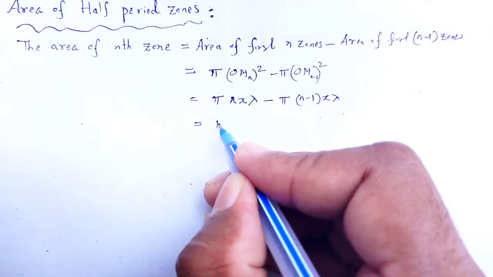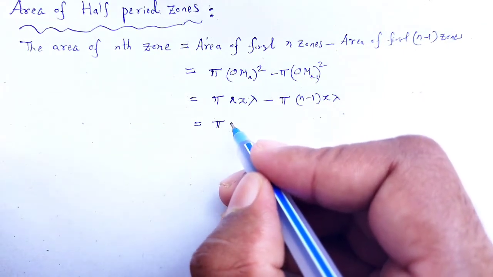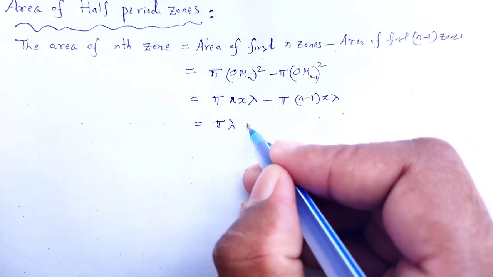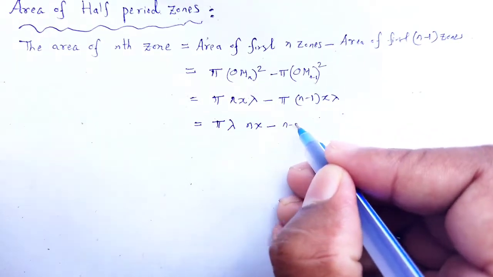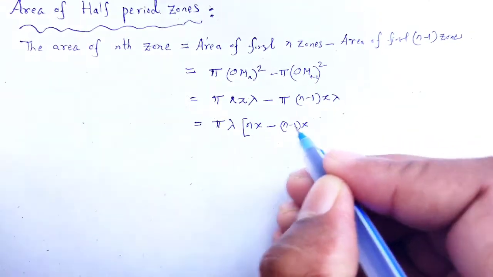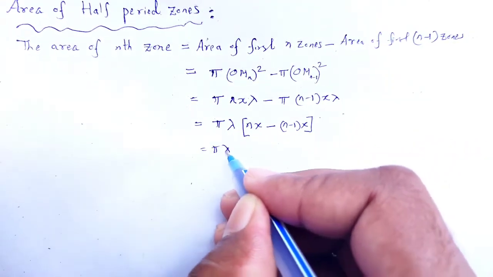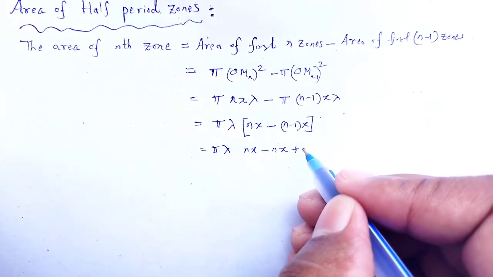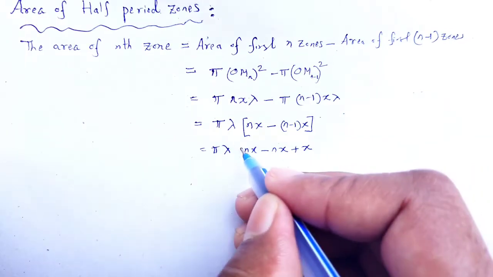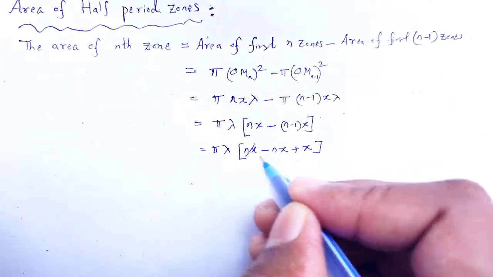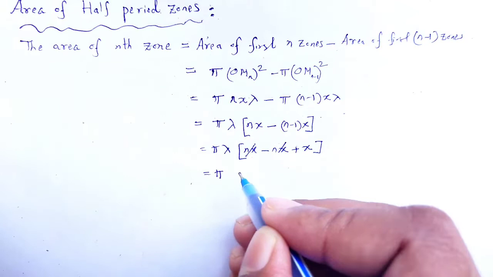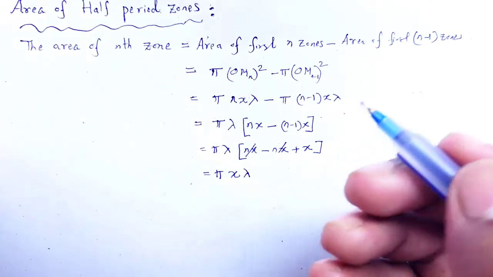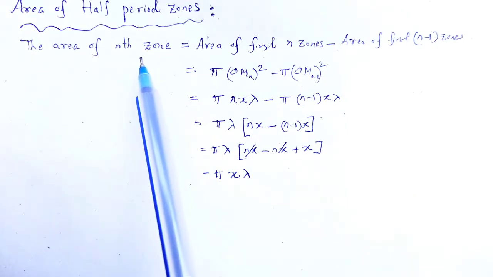Taking pi lambda x as common, pi lambda x (n minus (n minus 1)), that is pi lambda x (n minus n plus 1). n cancels out, we have pi x lambda, that is the area of nth zone.